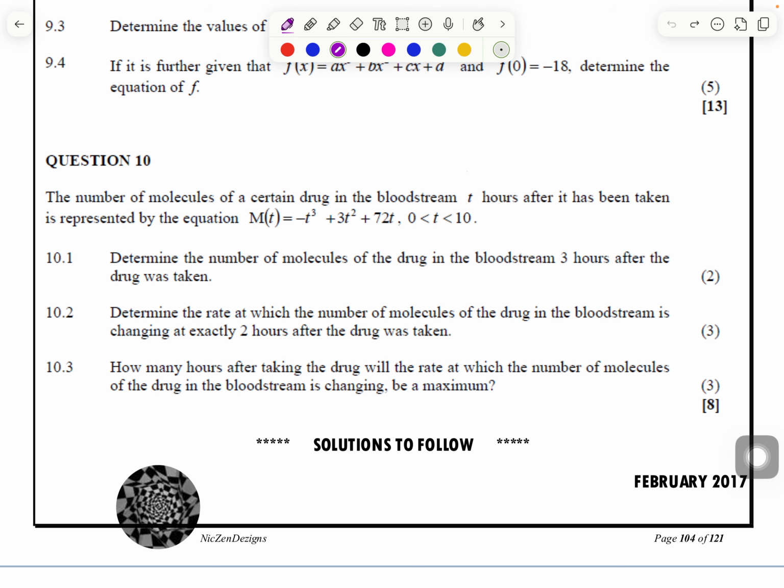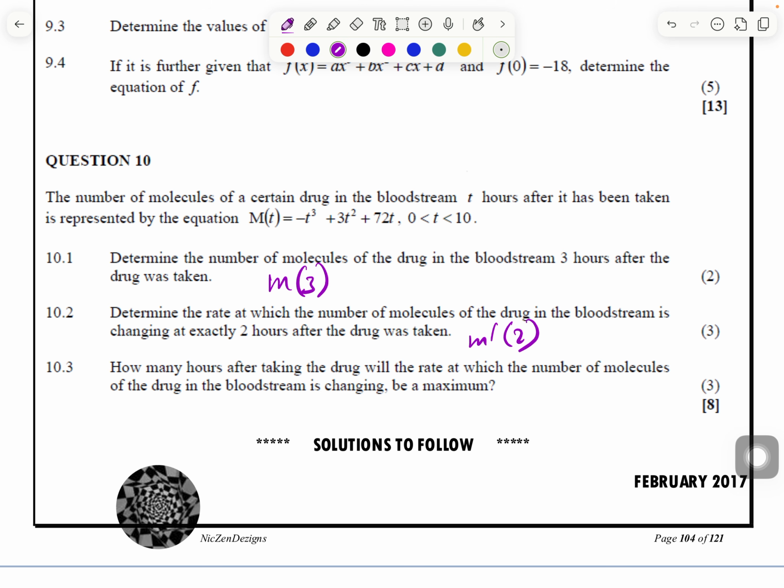Now, they say determine the rate. So this is the first derivative, the rate at which the number of molecules of the drug in the bloodstream is changing at exactly 2. So they wanted to find what? The first one was M of 3, and then the second one is M prime at 2. It's very important.